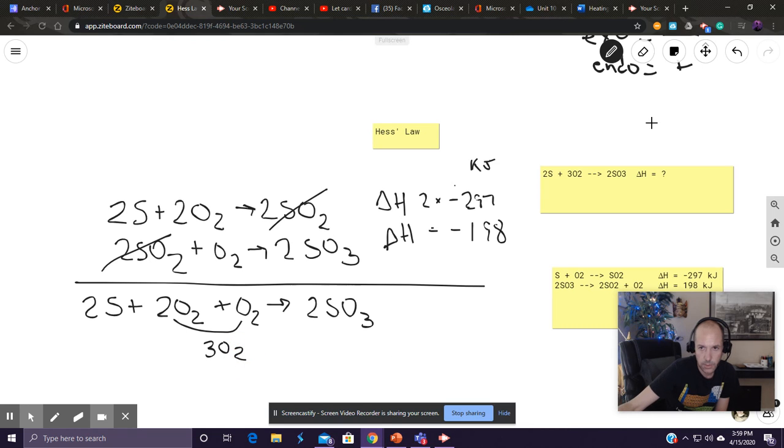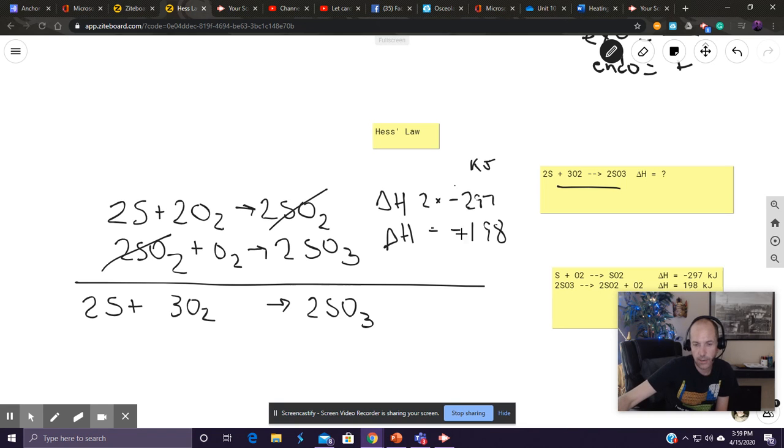So this equation is what we're looking for here: 2S plus 3O2 yields 2SO3. So now we have that equation, and now we have the math that we need to solve it.